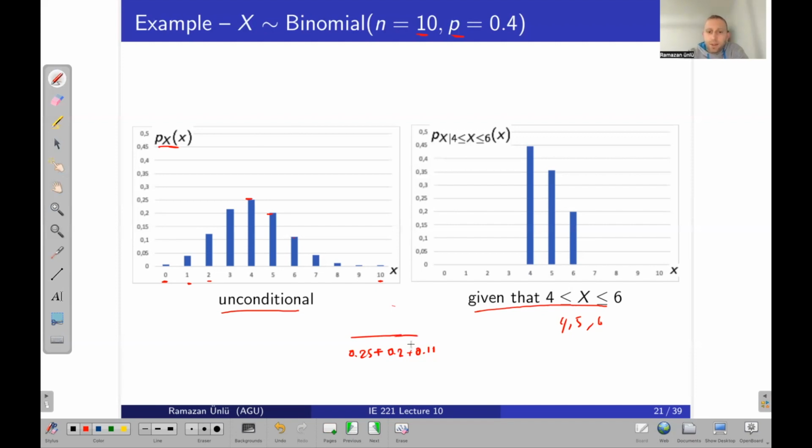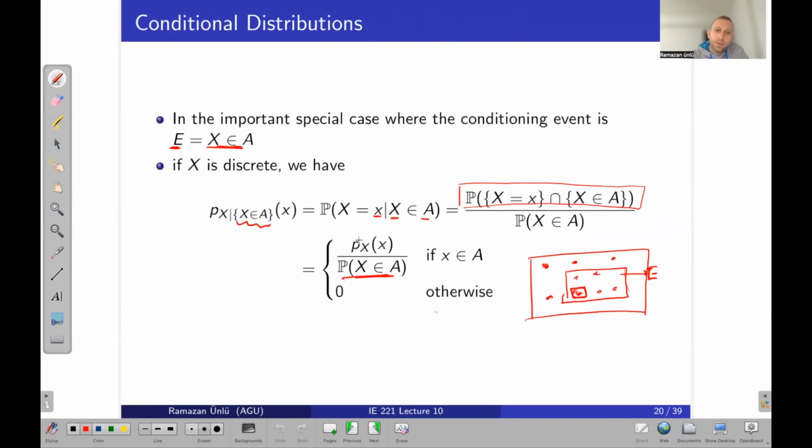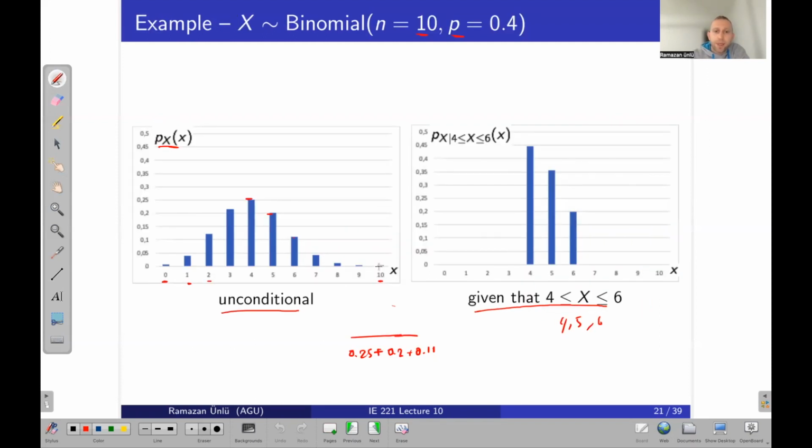What was the formulation telling us? It is simply the probability of x divided by the probability of the conditioned event. So for x equal to 4, what is the probability of x equal to 4? That is 0.25.